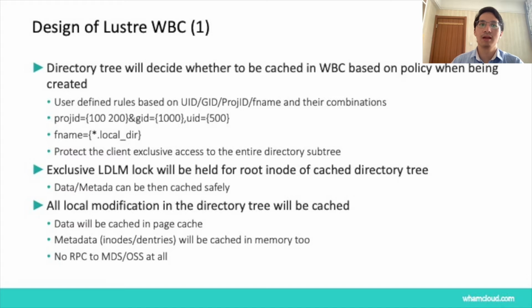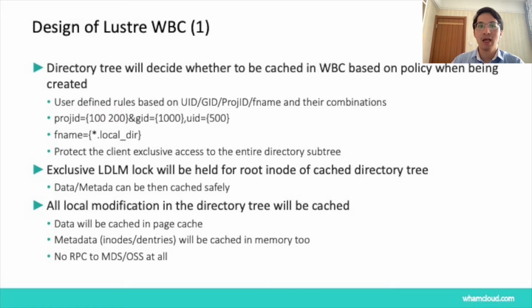So let's take a deeper look at the design of writeback cache. Obviously, we do not want to cache the whole directory tree on the client. Writeback cache provides policies based on user-defined rules to control which directories to cache in local memory. The administrator can define rules based on UID, GID, project ID, and file names to control the behavior in a very flexible way.